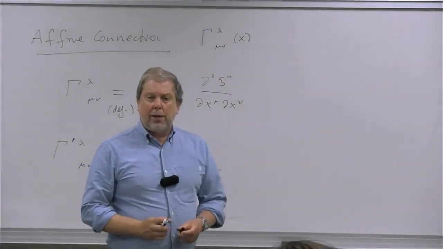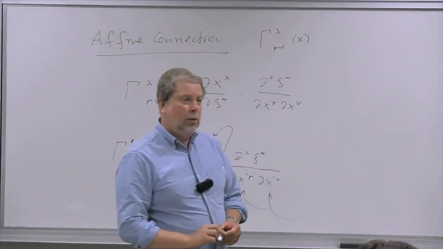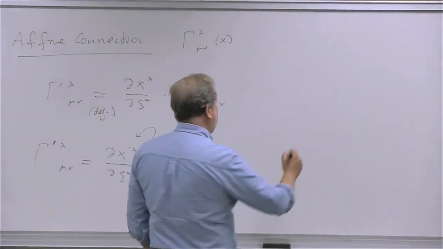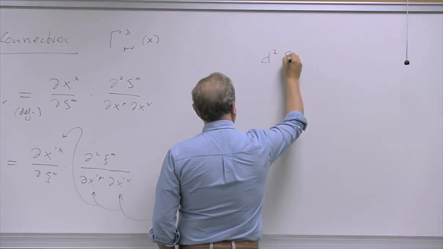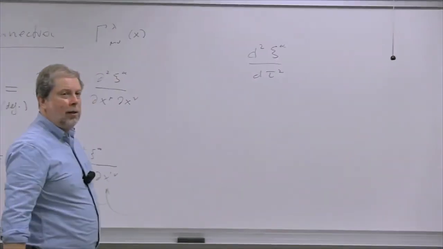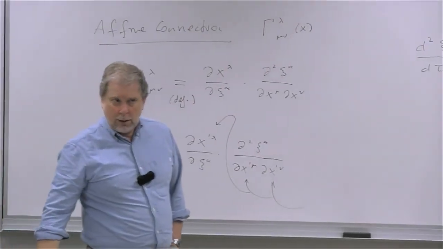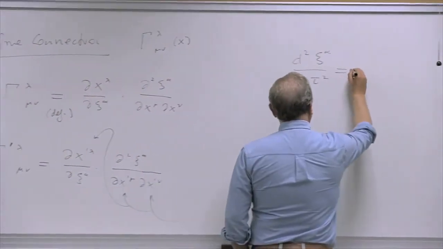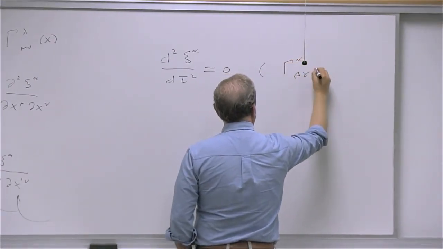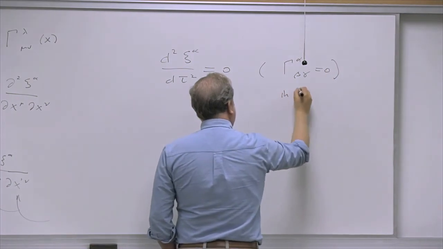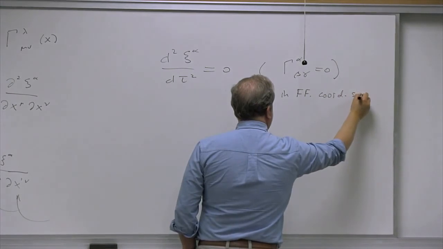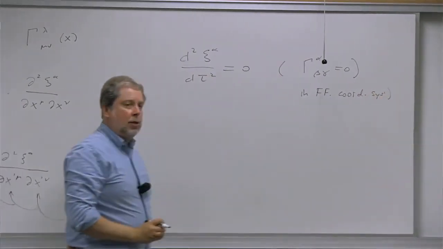Because we do know that there is a special coordinate system, which is denoted by ψ, where the second derivative of ψ^α with respect to τ squared is in fact equal to just 0. So we do know that there is a special coordinate system where Γ^α_βγ is in fact equal to 0, and that is a freely falling coordinate system.